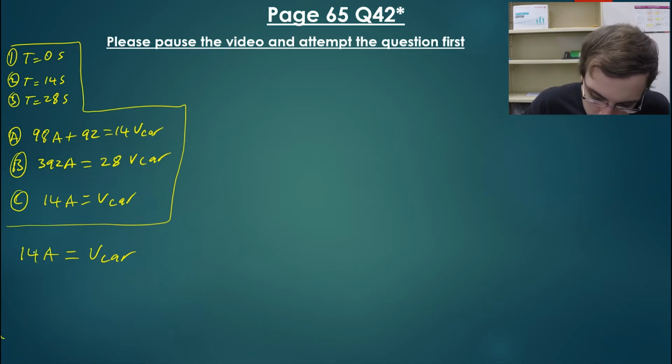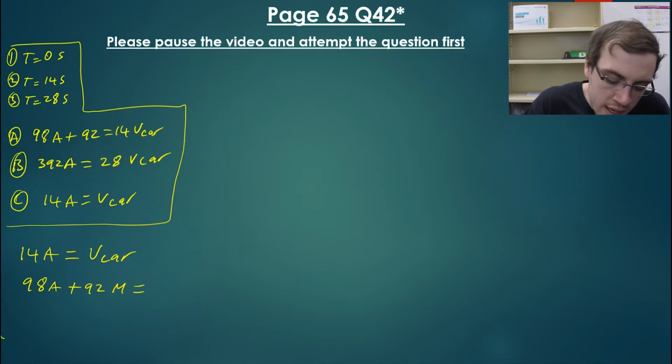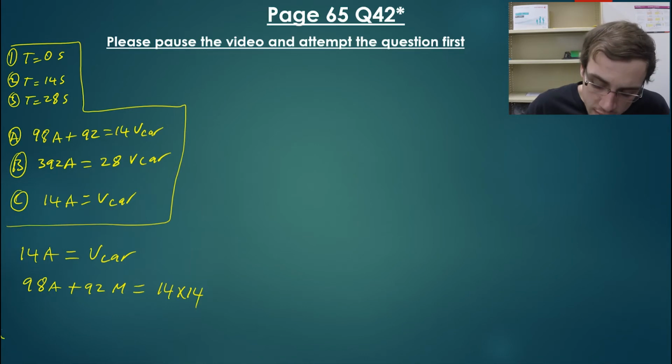So we have 98A plus 92 meters is going to equal, instead of putting 14 v car, so 14 times the velocity of the car, we know that acceleration is 14 times greater. So we can convert this, instead of saying 14 v car, we can go 14 multiplied by 14. Because that will give us, if we type 14 times 14, you're going to get 196A.